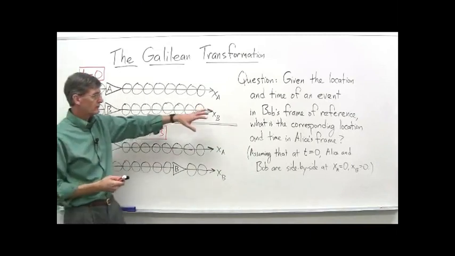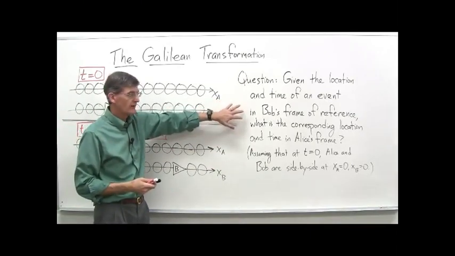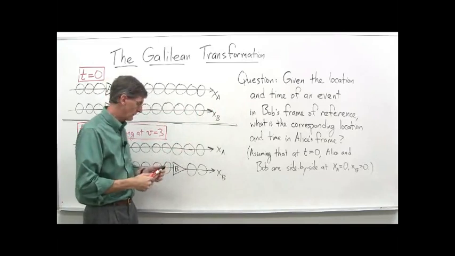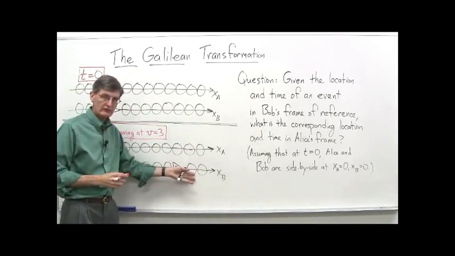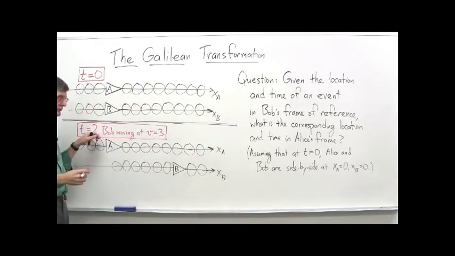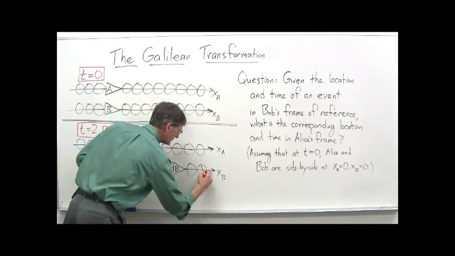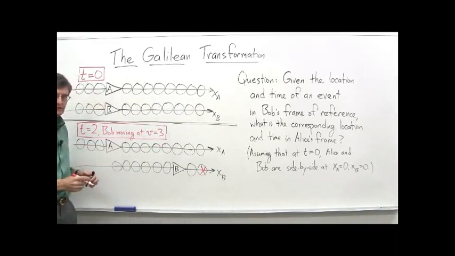Now, again, going back to the question, some location and time of an event in Bob's frame of reference. So let's get an event on here. Let's say at position 2, he sees a flash of light at time t equals 2. So a flash of light occurs right next to his clock there, maybe right in front of him.